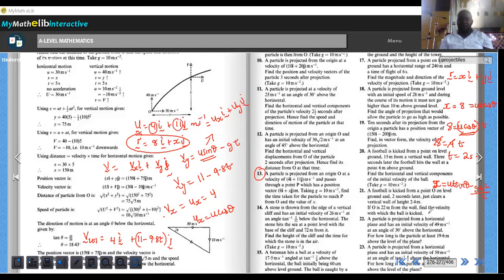So we shall have x equal to 11t minus 4.9t squared. When you substitute 2 for t, you'll get 22 minus 19.6, which will give us 2.4 as the answer.